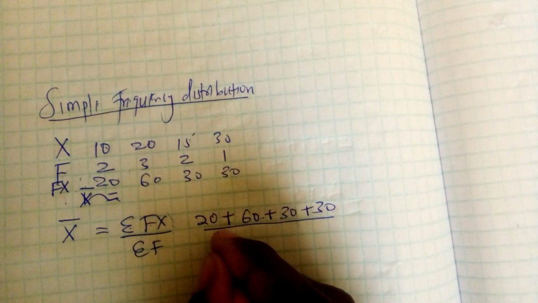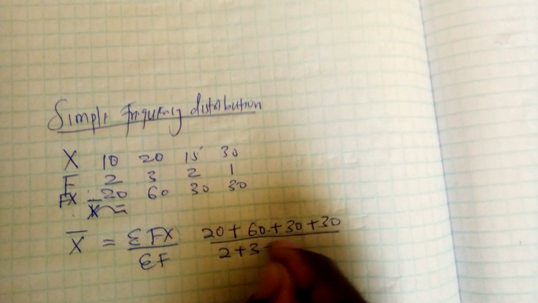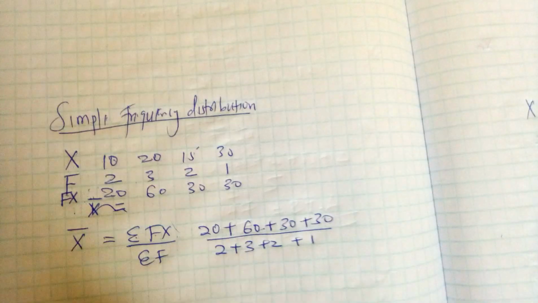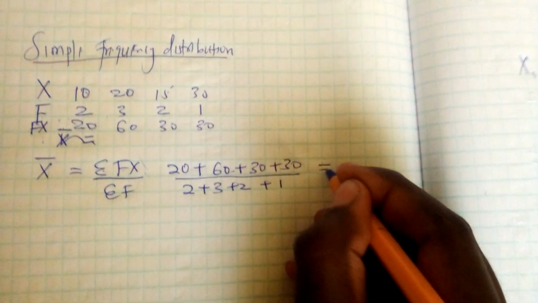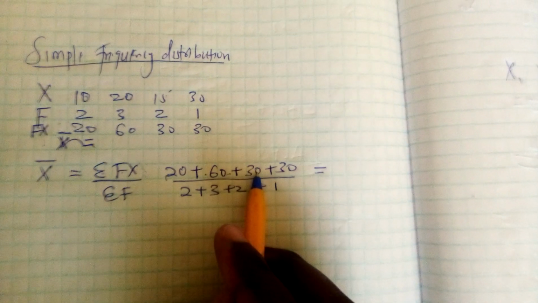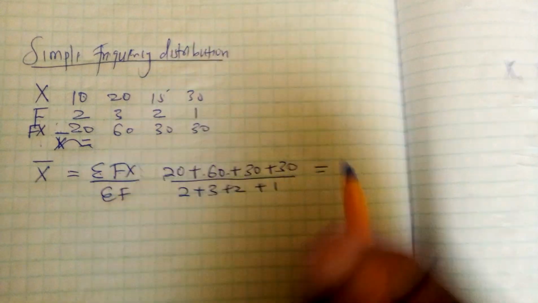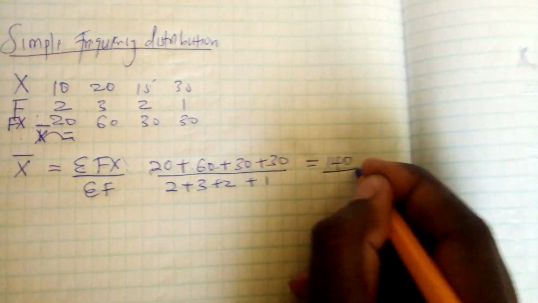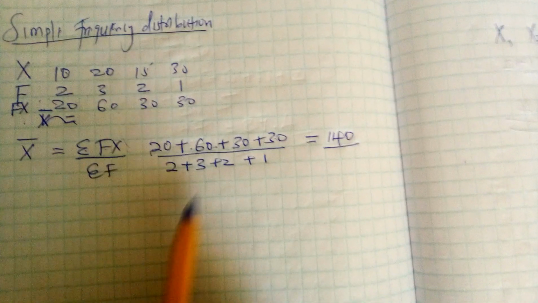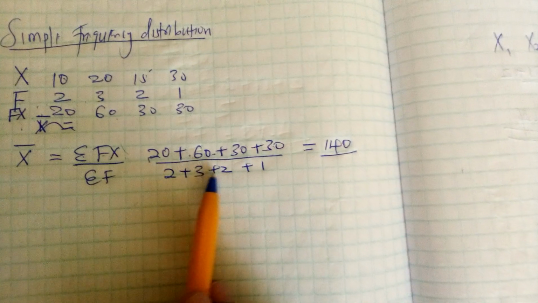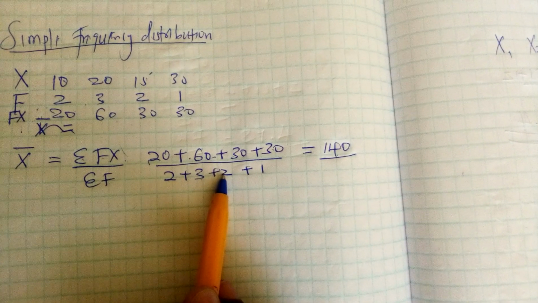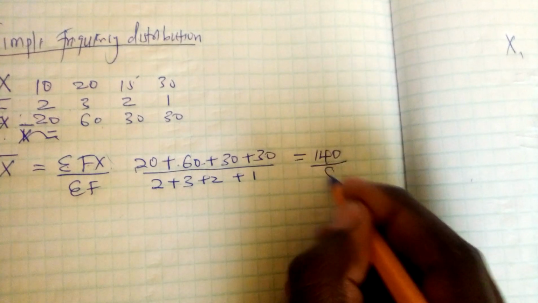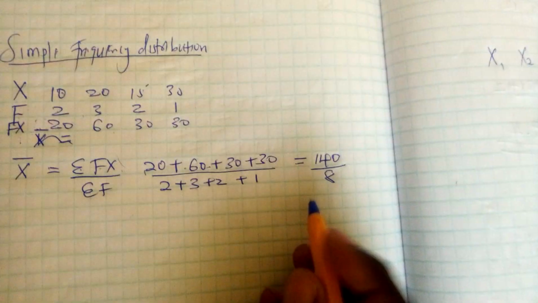You'll be expected to add the f values: 2 plus 3, 5, plus 2, which is 7, plus 1, which gives you 8. So this is 140 divided by 8.